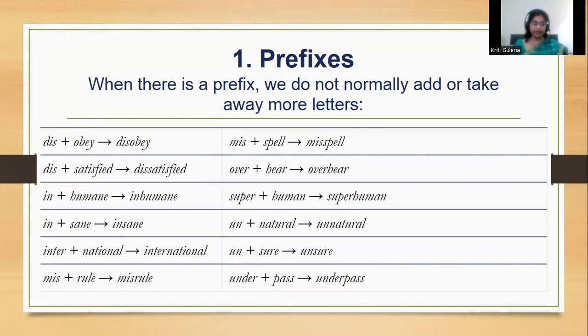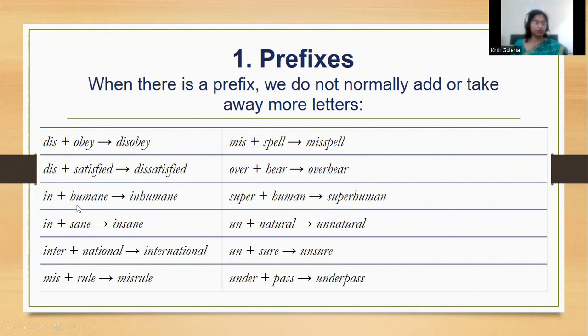This should be kept in mind: while adding prefixes, the structure of the word remains the same. Neither are we deleting any alphabet nor adding any. So if it is obey and we are adding prefix dis, then the word becomes disobey. Similarly, another word is satisfied and we are adding prefix dis, which makes it dissatisfied.